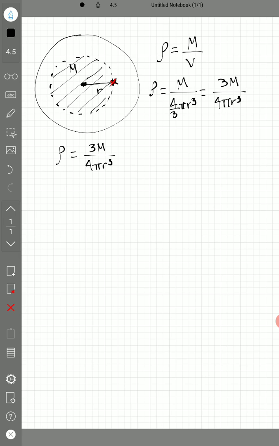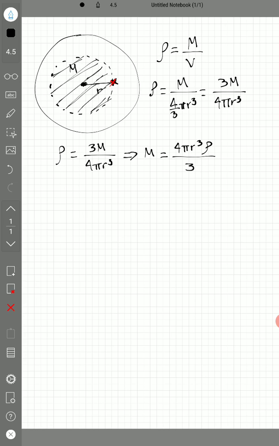Now remember that the whole point is to know what is the amount of mass inside this sphere, this shaded area, because that's the mass that matters for the gravitational attraction. So what we get is that that amount of mass will be equal to 4 pi r cubed times the density of the galaxy divided by 3, and that is the amount of mass inside the galaxy.